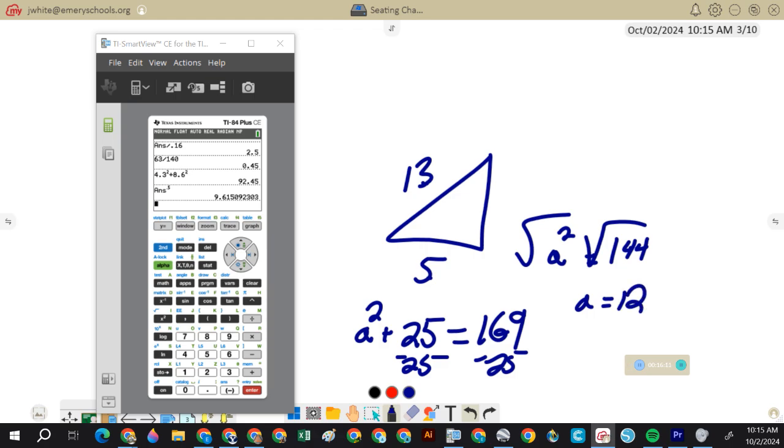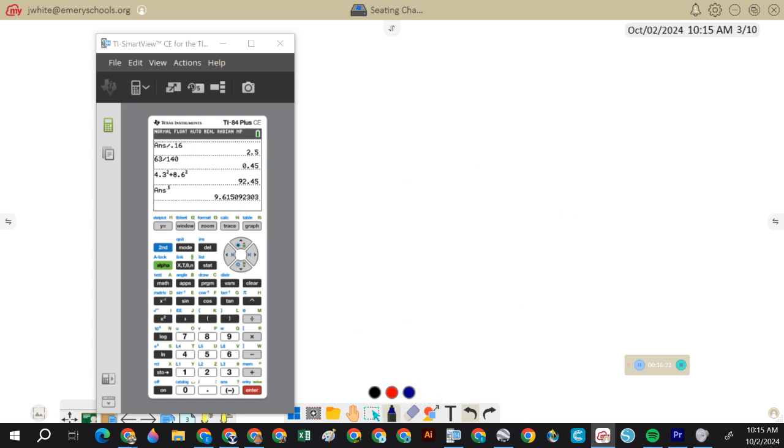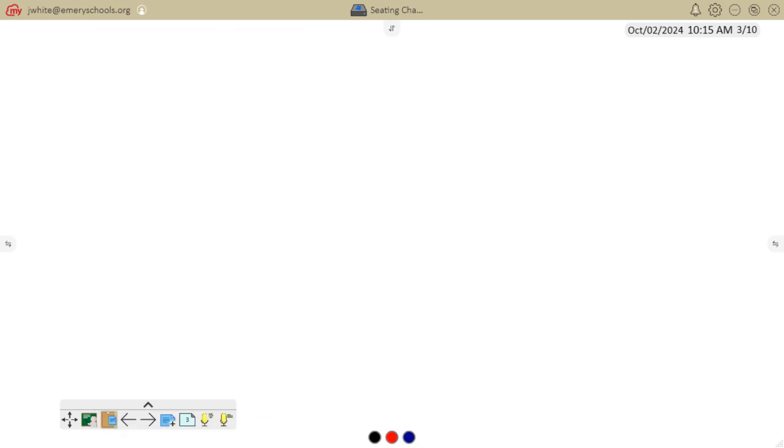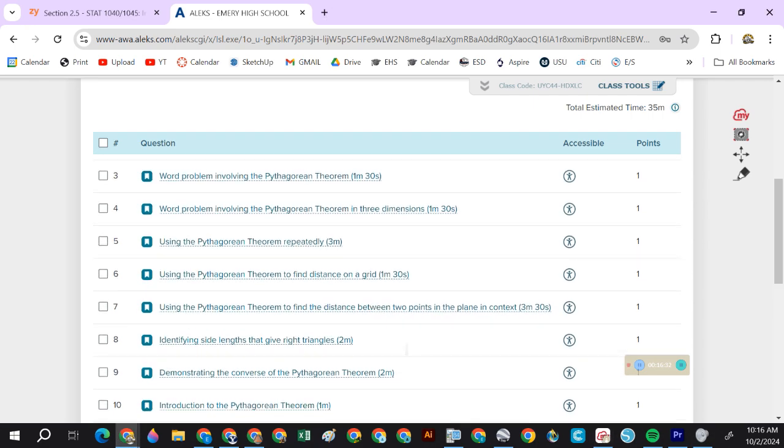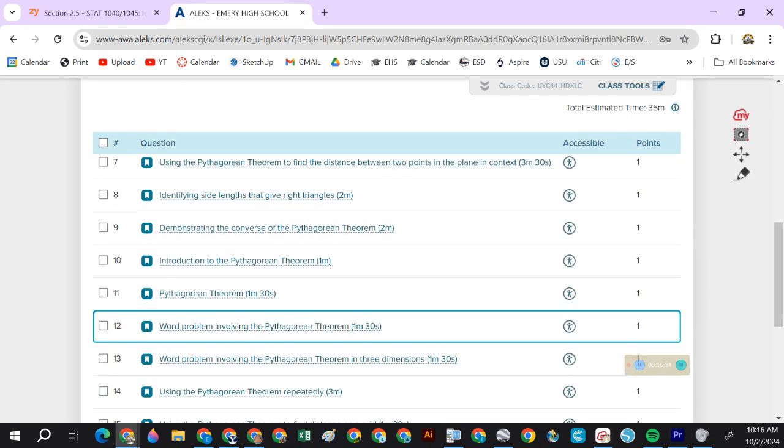Okay? Now, in some of the problems, it'll be word problems, or there is one I want to show you that's a little bit tricky. Let's see if I've got it pulled up already. The one that talks about 3 dimensions.